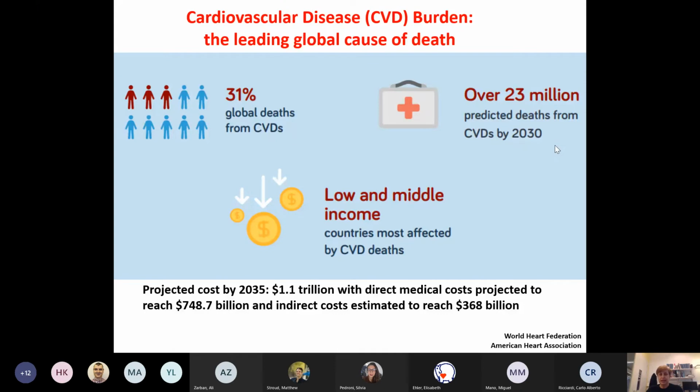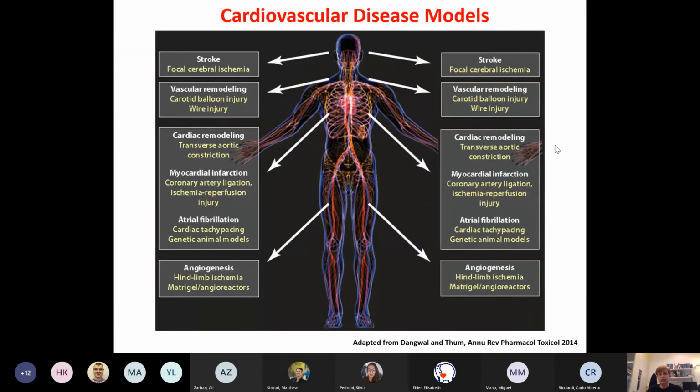So there is a lot of effort and research directed to cardiovascular diseases, and generating animal models that could be used to simulate the different cardiovascular conditions is one of these fields of focus.